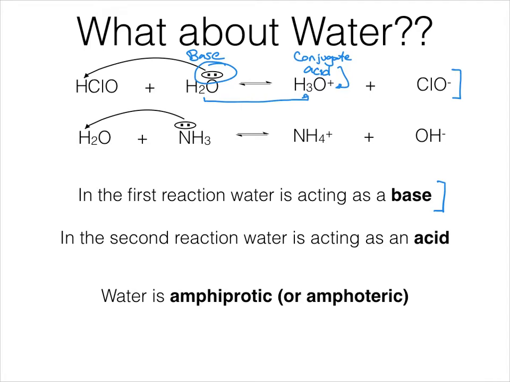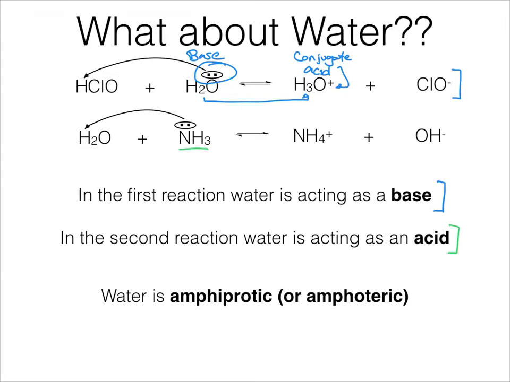In the second reaction, water is acting as an acid. I'm going to change colors for you guys. Water is acting as the acid. The base, in this case the ammonia, takes a proton, and remember that acids donate protons, and another way of donation is having it taken from you, in terms of chemical reactions.